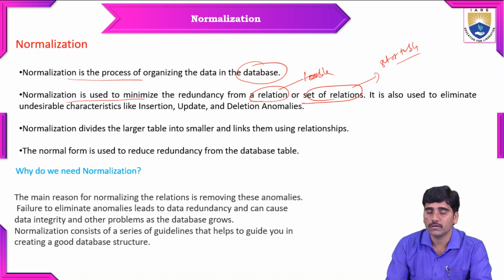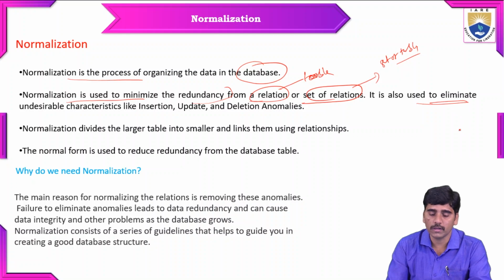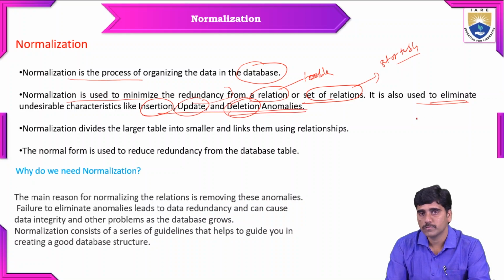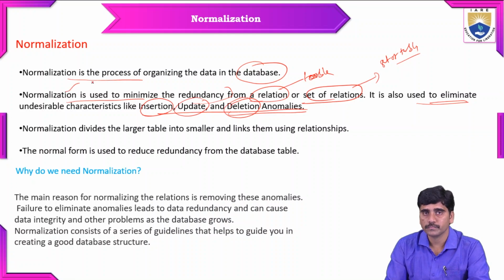So to do that, normalization minimizes the redundancy from the relation or set of relations. It is also used to eliminate undesirable characteristics like insertion, update, and deletion anomalies. These are the problems, so to eliminate these anomalies we can use the normalization process.